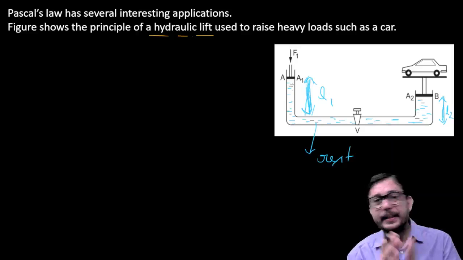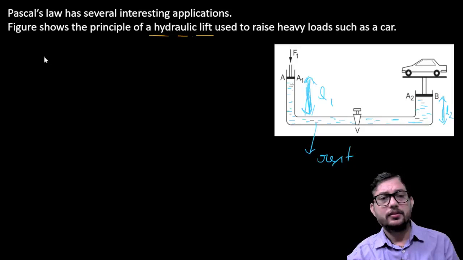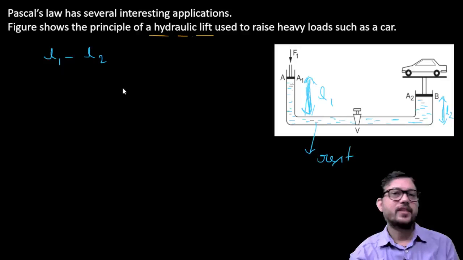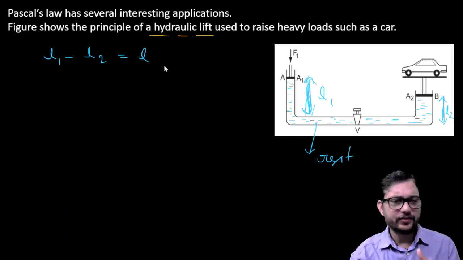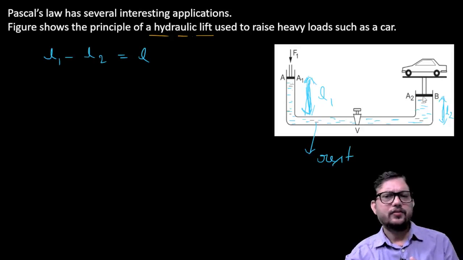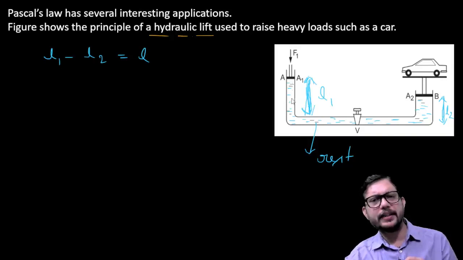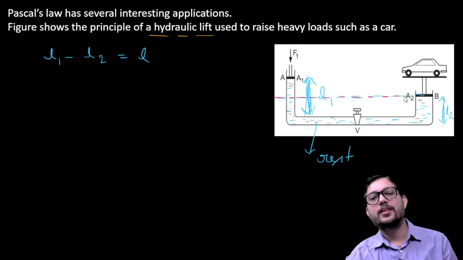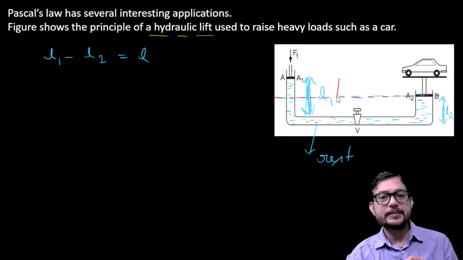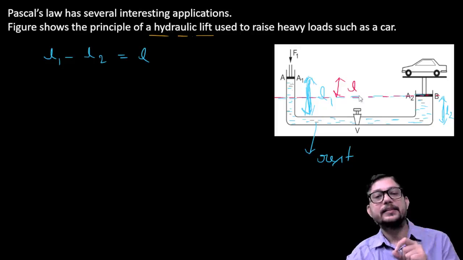Now if we take the difference L1 minus L2, we get a certain length, maybe L or maybe H, whatever you can take. What we are doing here is drawing a level. So this is your level, and this will be the length L, because L we have taken here.